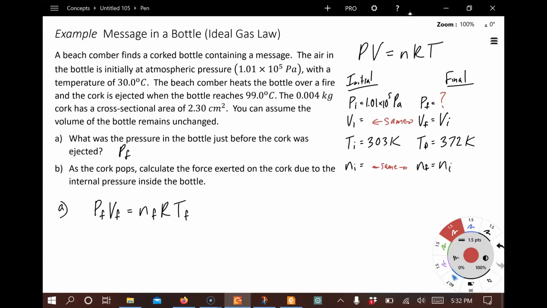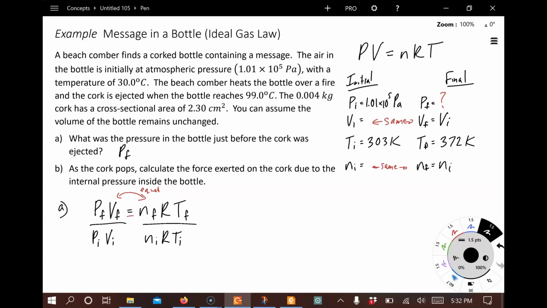Now notice that these two sides are always equal in the ideal gas law, right? And what I'm going to do is do a little trick here where I'm going to divide both sides of the equation by something that's equal. The thing that's equal I'm going to use is the ideal gas law in the initial condition. So P initial times V initial, we know that that's equal to n initial R T initial because they're the two sides of the ideal gas law.